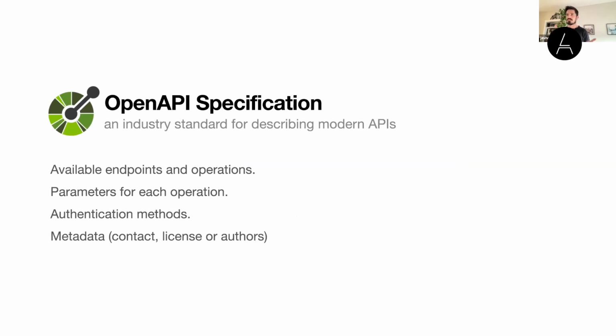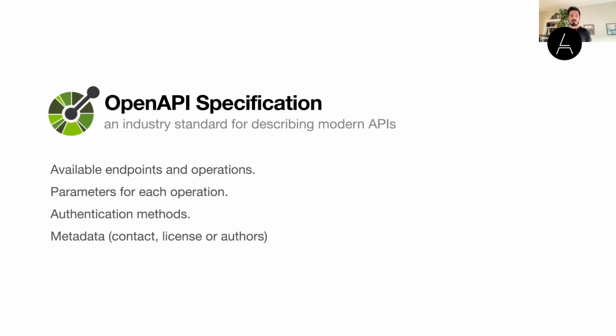Before anything else, let me talk a bit about the OpenAPI specification, because there might be people that are not familiar with it. The OpenAPI specification is formerly known as the Swagger specification.